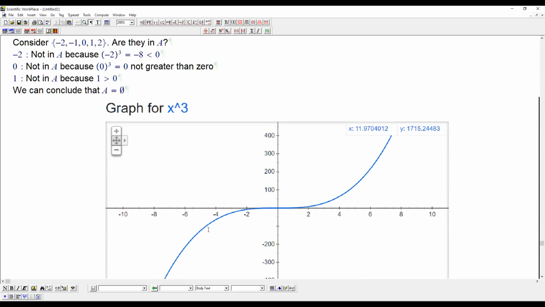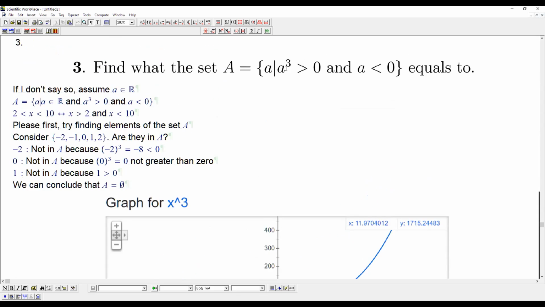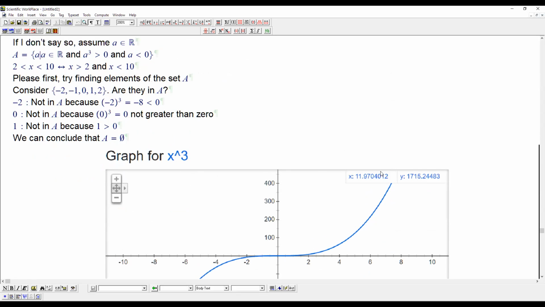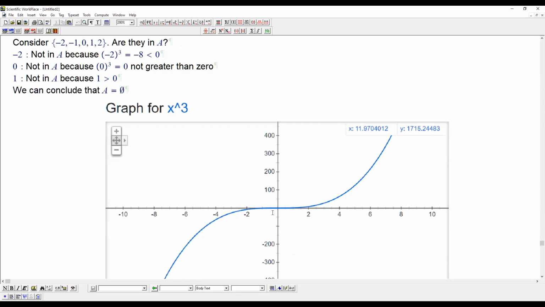You see that if a cube is greater than 0, so this is x cube, but like a cube, the only values that are greater than 0 are the values for which the variable is positive. I'm looking for something that must be positive and also must be negative. Is there some value that corresponds to this? No. So there's an empty set.